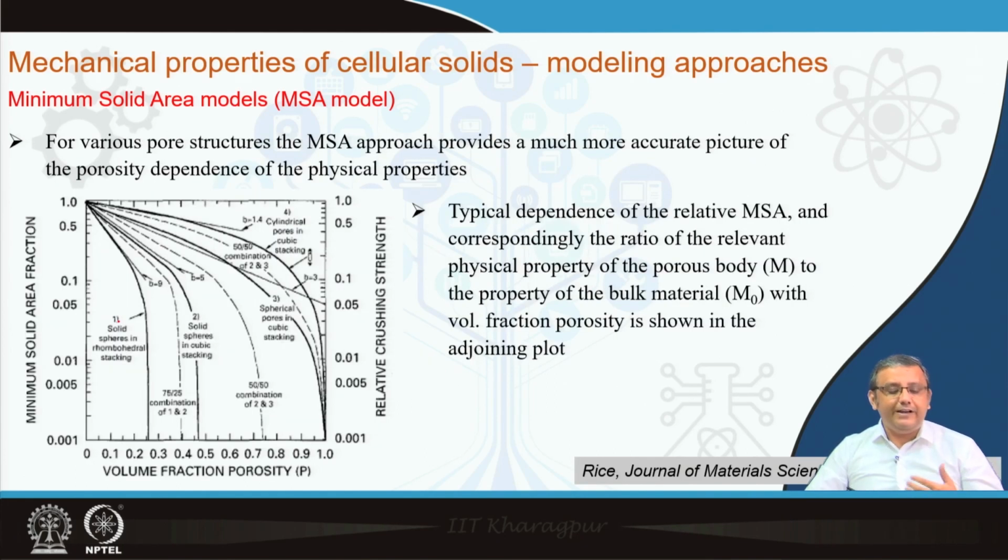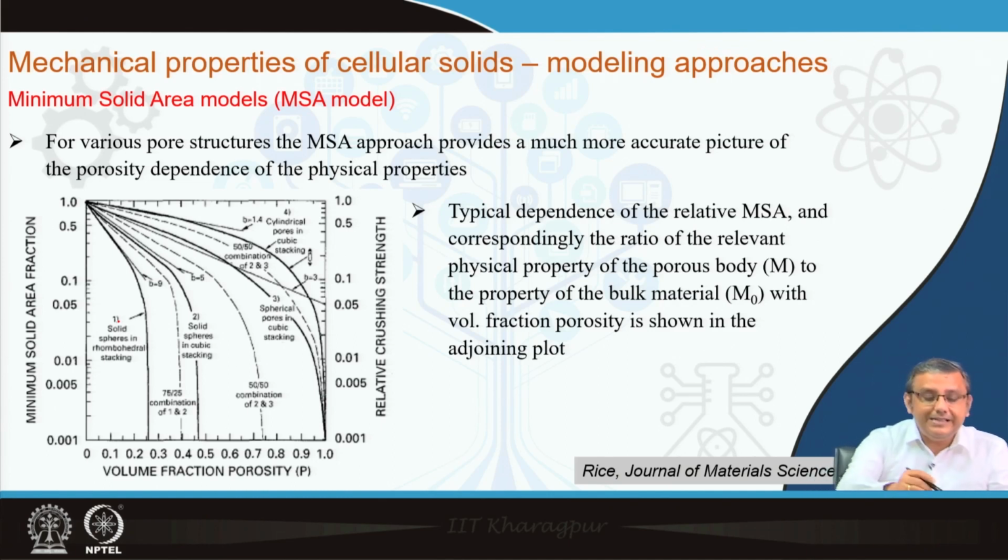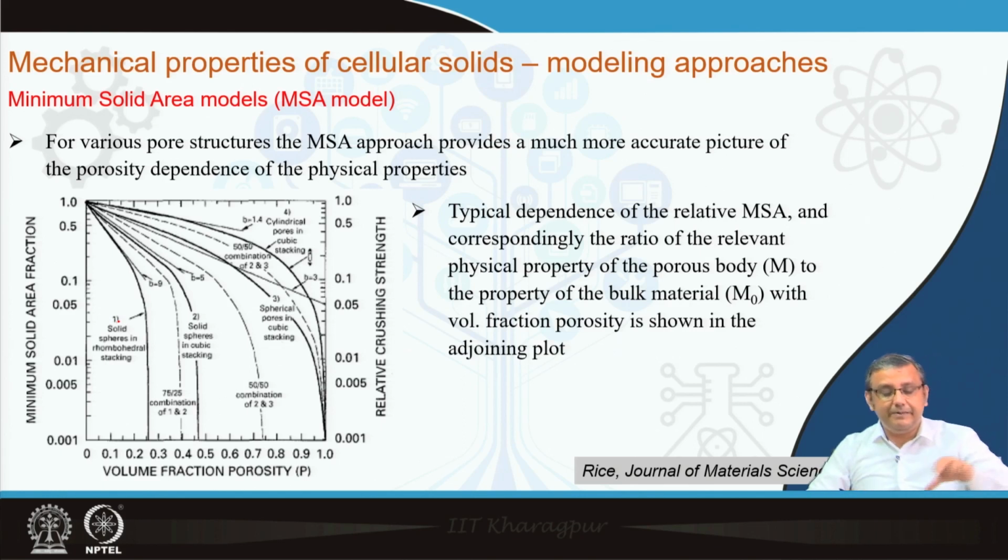Now, if we look at the dependence of the relative strength of the material on porosity, this MSA model typically predicts this kind of behavior. This curve shows 3 different regions.